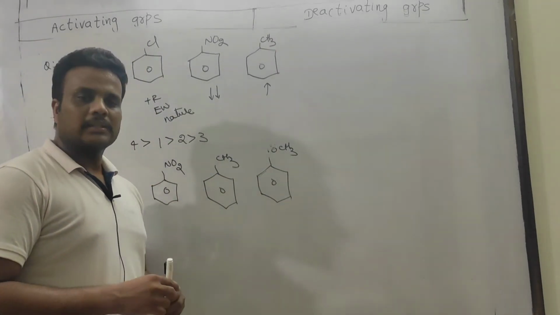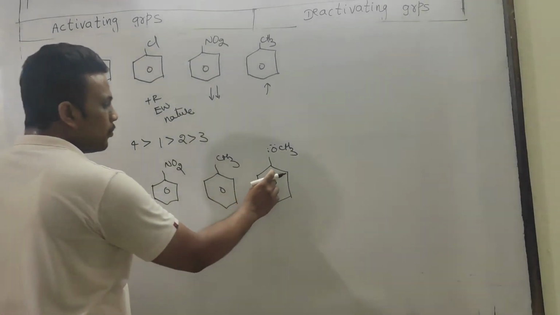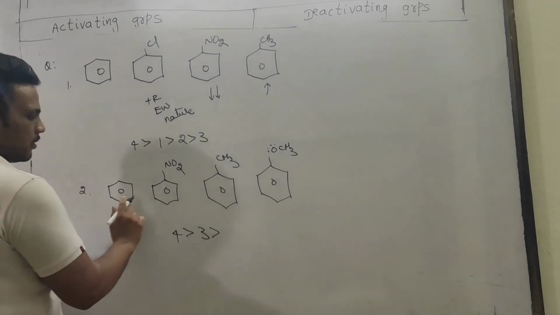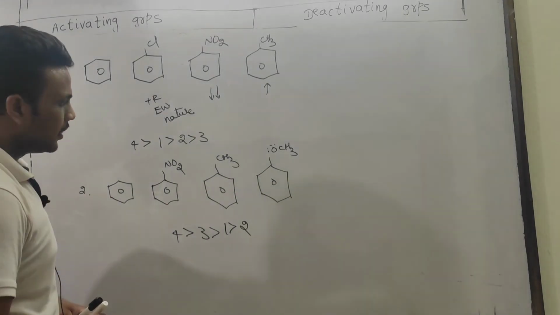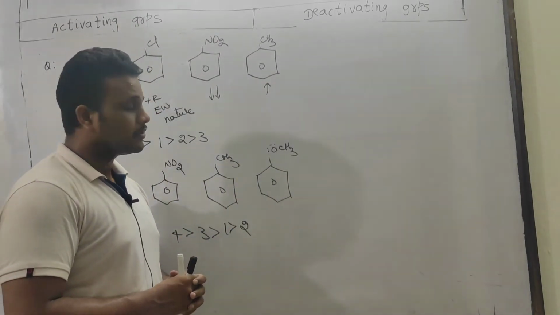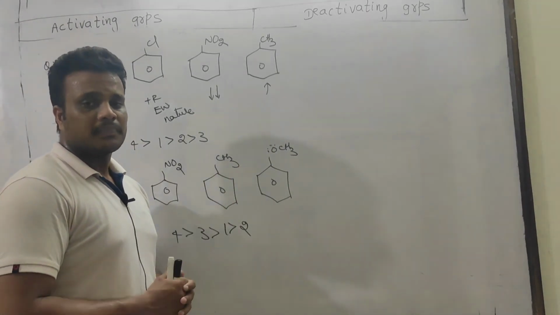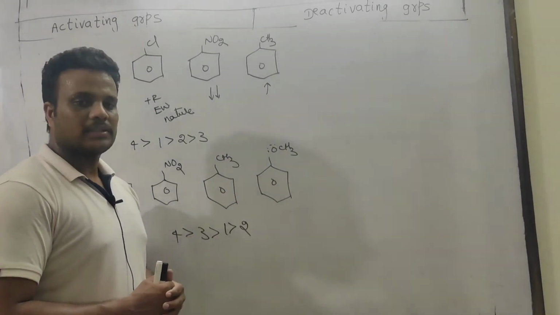So resonance effect is always greater than hyperconjugation, no doubt. So that's why it should be most activating, then 4, 3 somewhat activating. One deactivating group is there, that is 2. So when two donating groups are there, one is donating due to resonance effect, another one is donating due to hyperconjugation. You already know the hyperconjugation effect is less effective than the resonance effect.